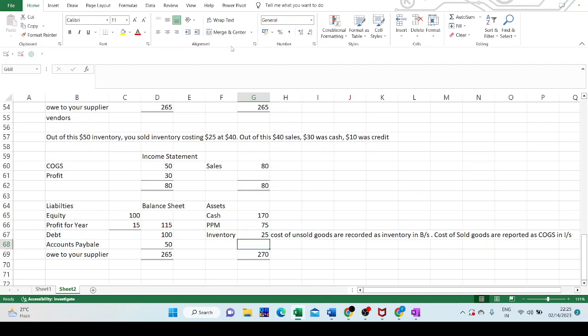So my inventory is 25, guys, and my customers owe me $10, right? Why do my customers owe me $10? Because $10 worth of sales were credit sales. So I'll report an accounts receivable of 10.